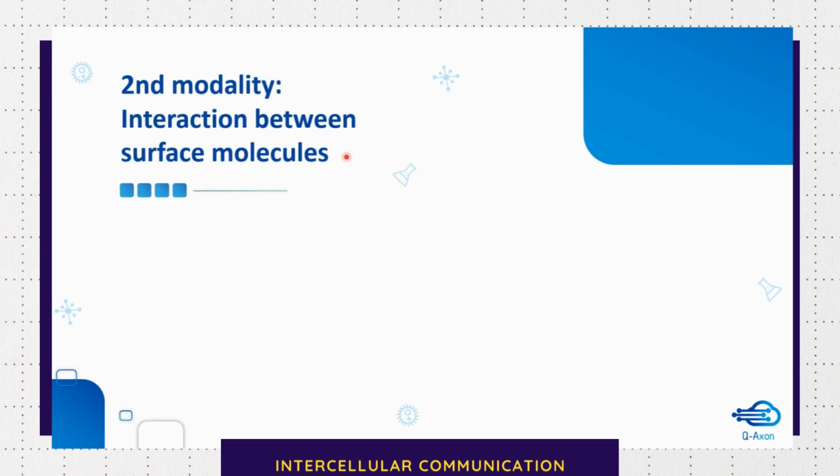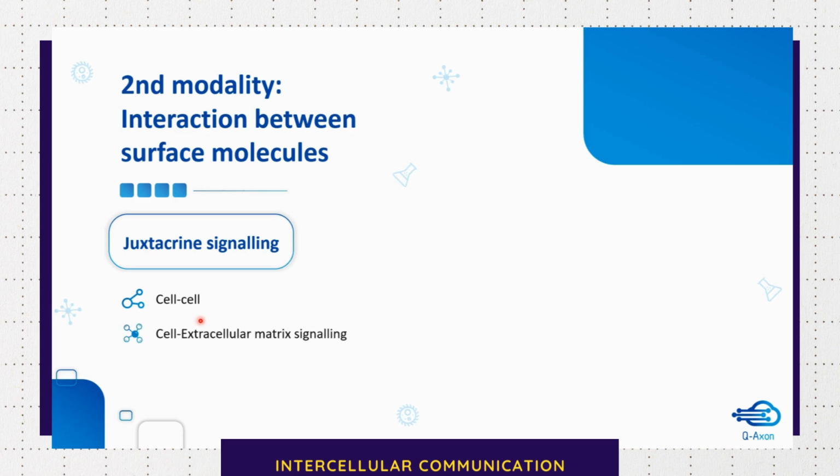This modality of communication by interaction between surface molecules is also known as juxtacrine signaling, and it basically occurs by either cell-cell interaction of surface molecules or cell extracellular matrix signaling. So there is interaction between the cell and extracellular matrix.